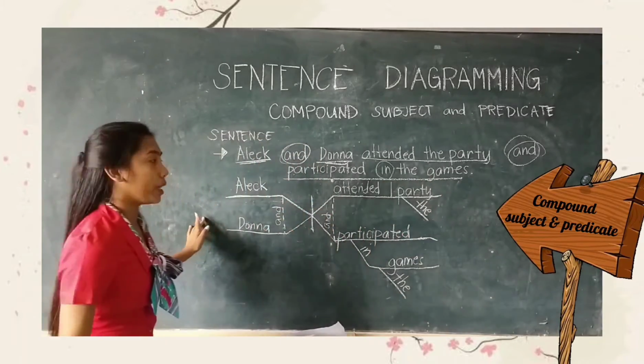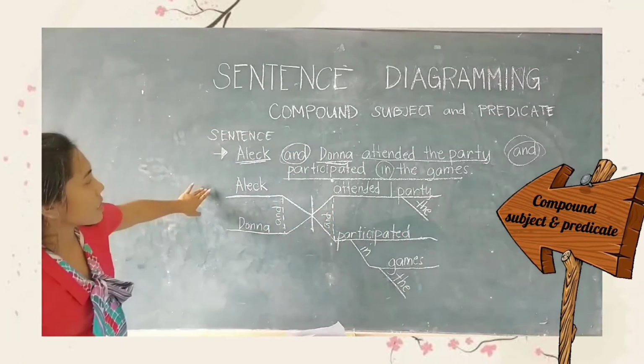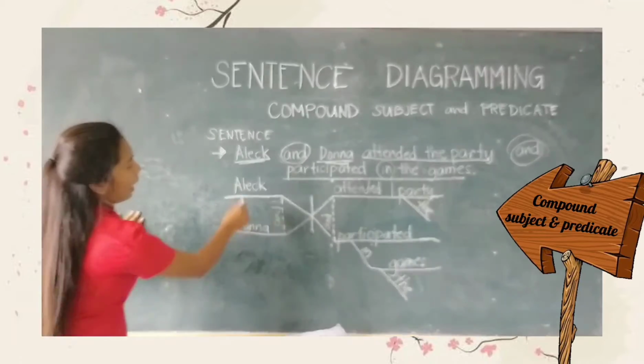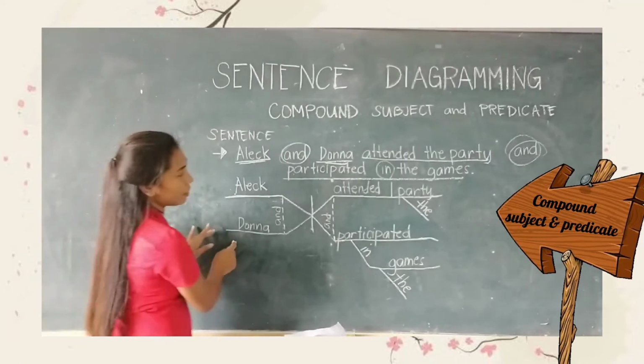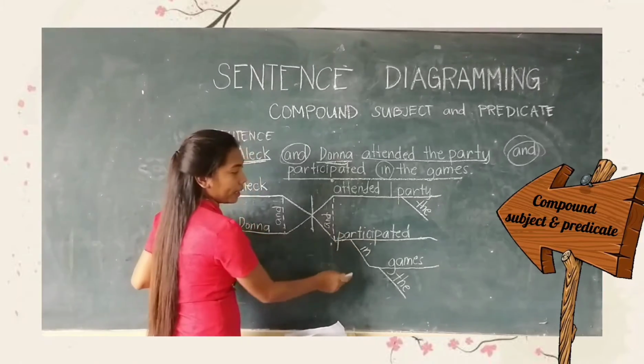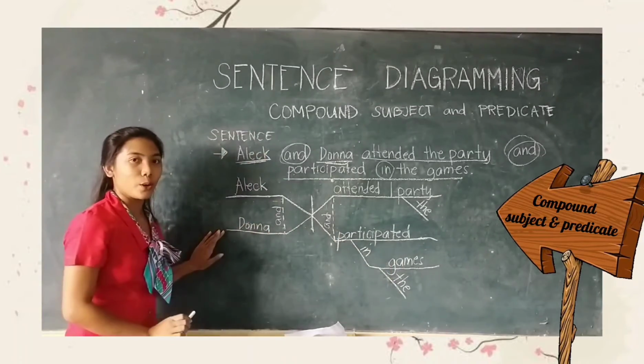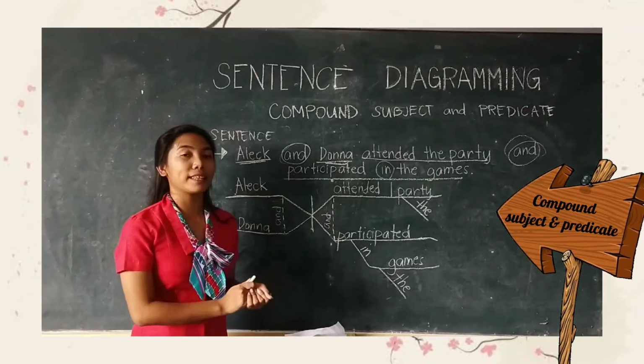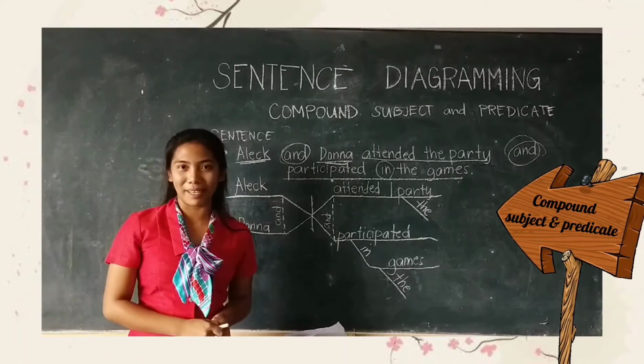Okay, let's check if we diagrammed the sentence correctly. Alec and Donna attended the party and participated in the games. So, since we're able to diagram, let us proceed to the other element.